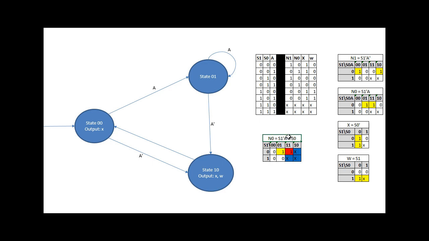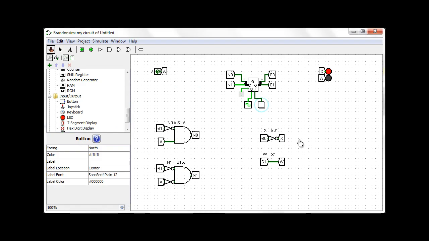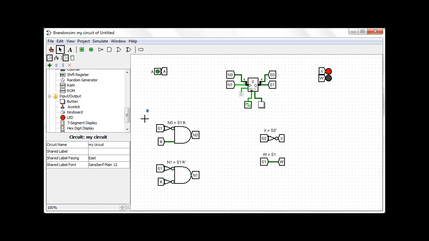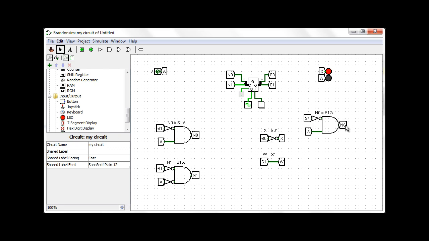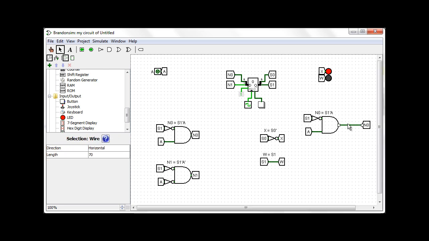If we had the other case that we had here, so if we had N0 equals S1 naught times A plus S0, we're going to implement that like this. So let me just quickly show that. If we had that hypothetical case, we're going to change our logic to be something like this. So far we know that we had S1 naught and A, then we add our S0 to it.